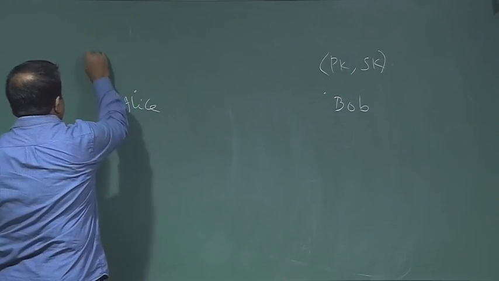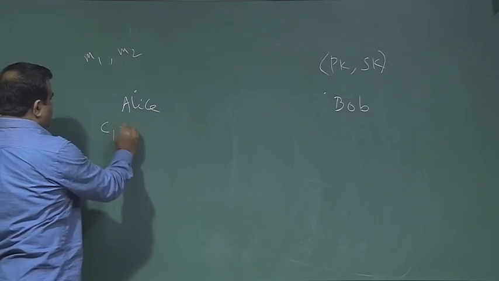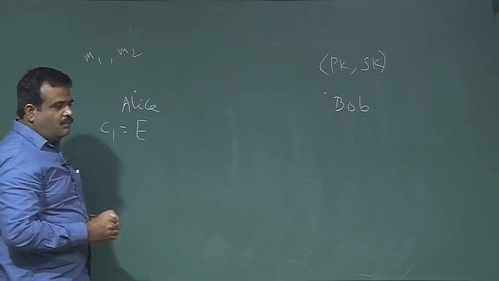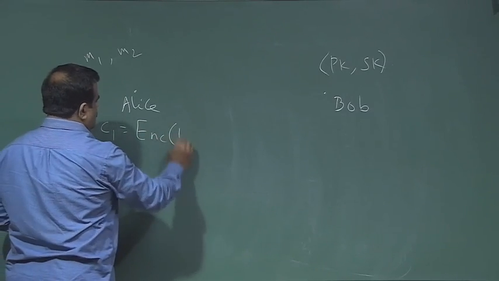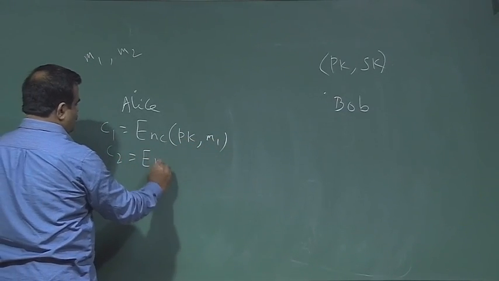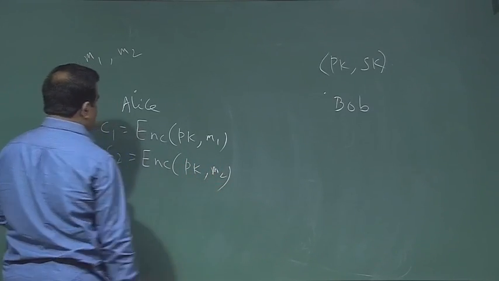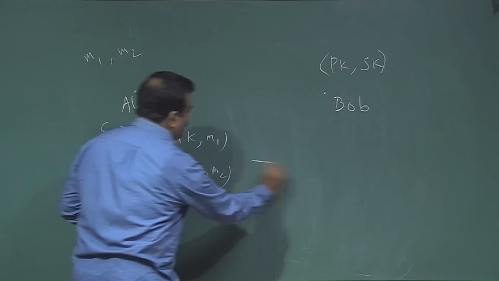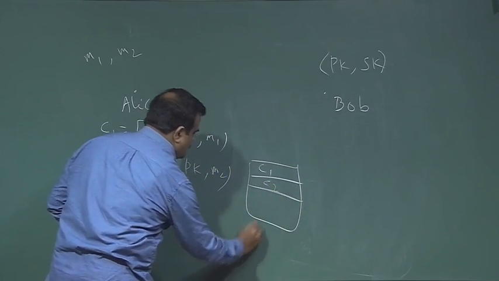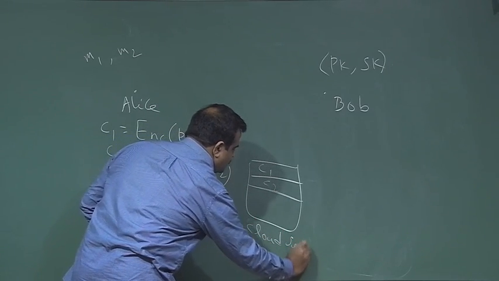We have two messages M1 and M2. C1 is encrypted using Bob's public key on M1, and C2 is encrypted using Bob's public key on M2, and this C1, C2 is stored in the cloud server.